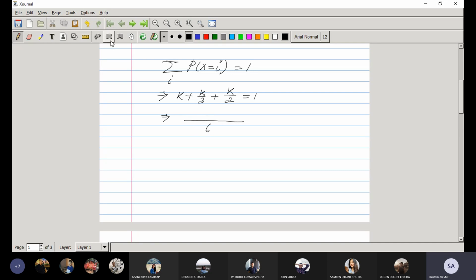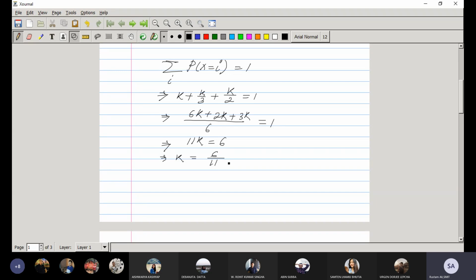Six is the LCM, so we'll get 6k plus 2k plus 3k equal to 6. That would give you 11k is equal to 6, so k will become 6 by 11.